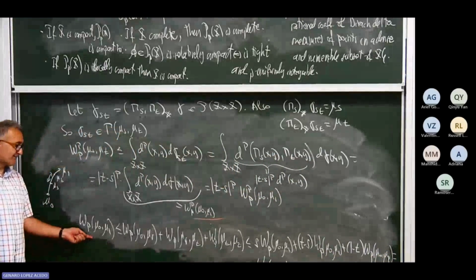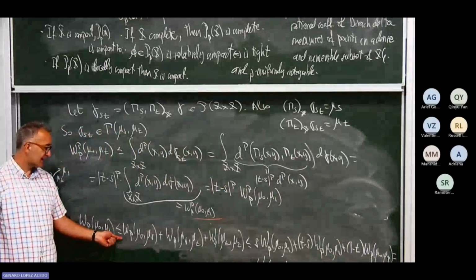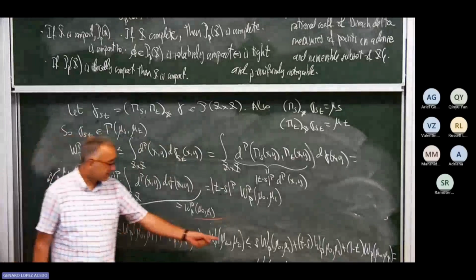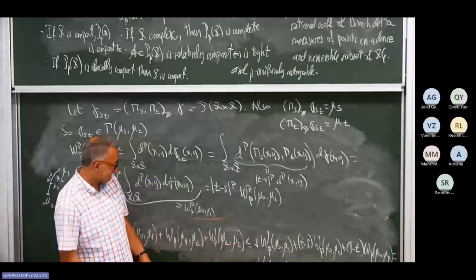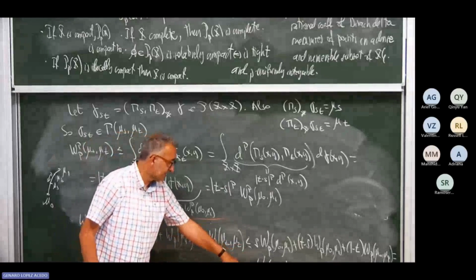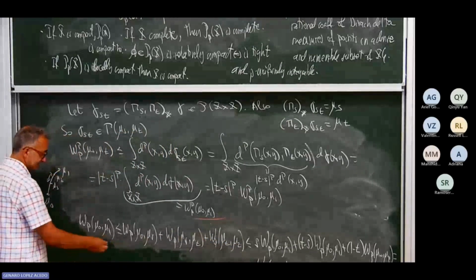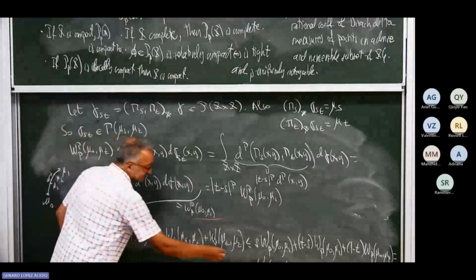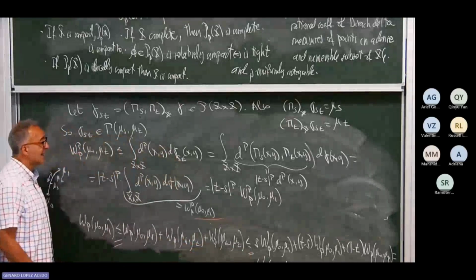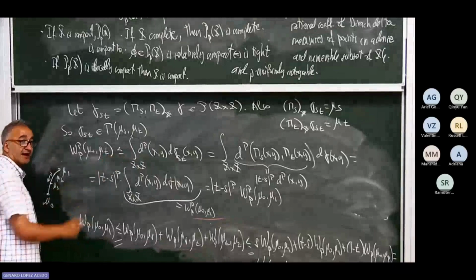So we start from here. This is smaller than or equal. It's smaller than or equal. This actually, yeah, smaller than or equal. At the end, we get the same number we had here. So all these things have to be equal. And so we have that it is actually an equality.